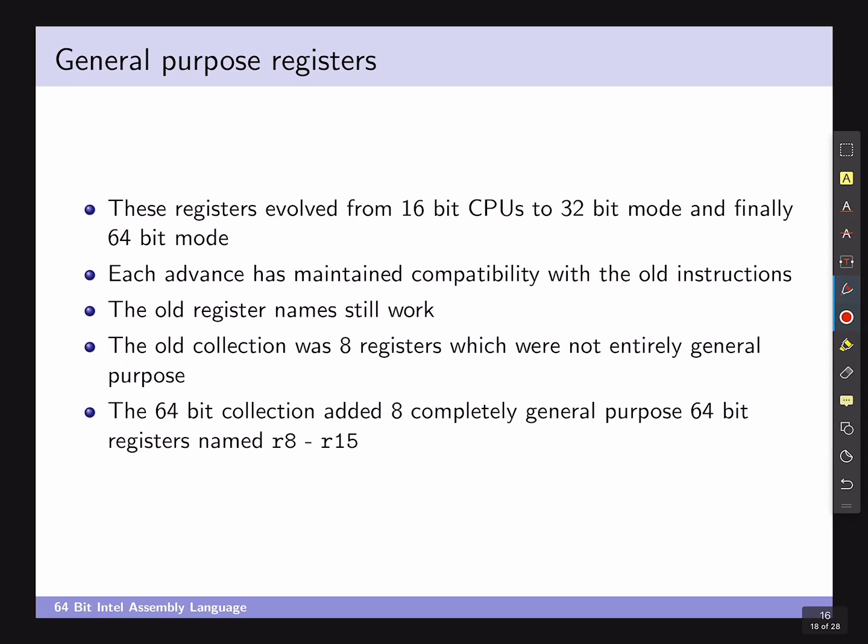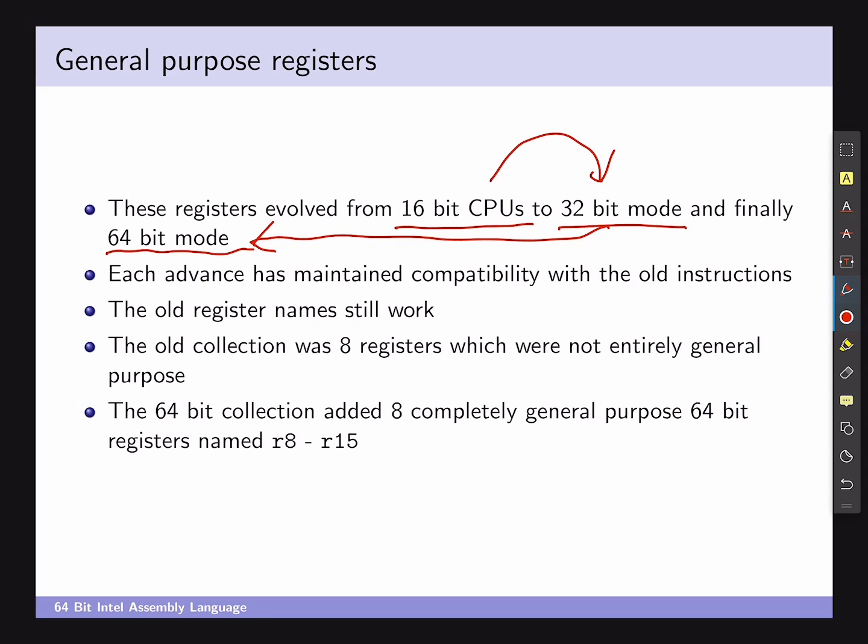Now, one thing that you have to keep in mind, and it is an aspect of assembler programming that makes things a little bit challenging, is that the original instruction set was designed for 16-bit CPUs, and then it was extended to the 32-bit versions of the CPUs, and finally where we are now, it was extended to the 64-bit mode. Now, I bring this up because this isn't a situation where it was redesigned between the 16 and the 32-bit, and then redesigned again between 32-bit and 64-bit.